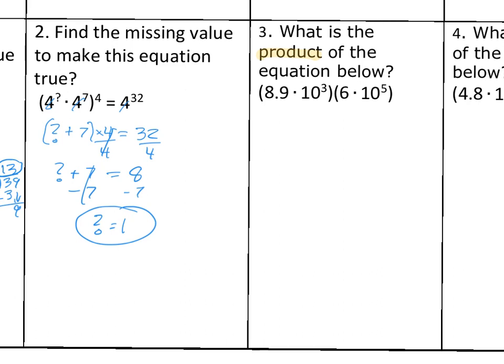Yes, if you said we have to do 8.9 times 6 first, you're absolutely correct, because that's what I'm going to do. 8.9 times 6. All right, well, let's do it. Basic multiplication, we have 6 times 9.